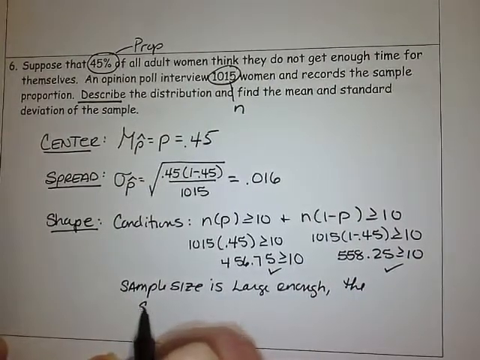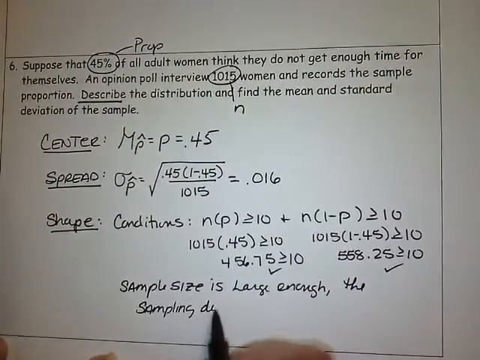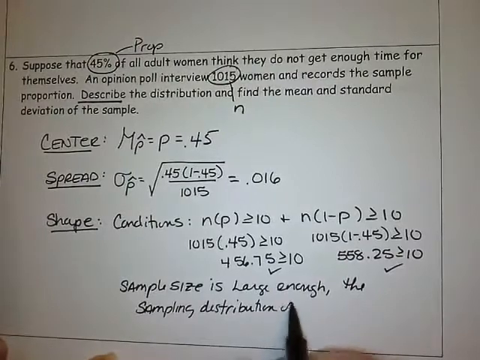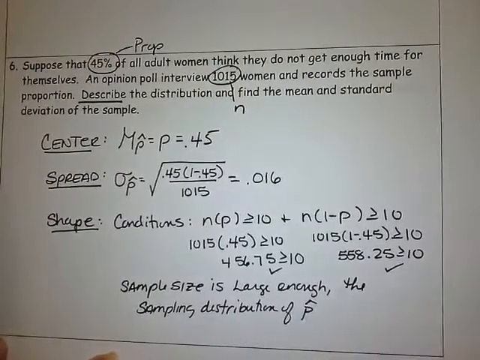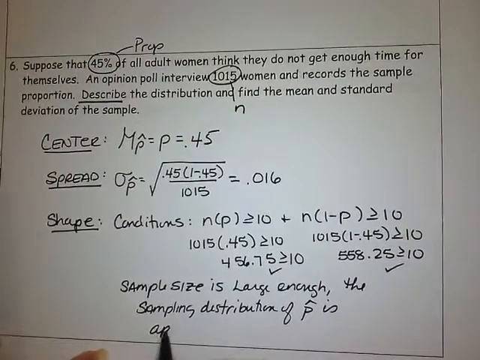The sampling distribution of p hat, because we're talking about proportions, is approximately normal.